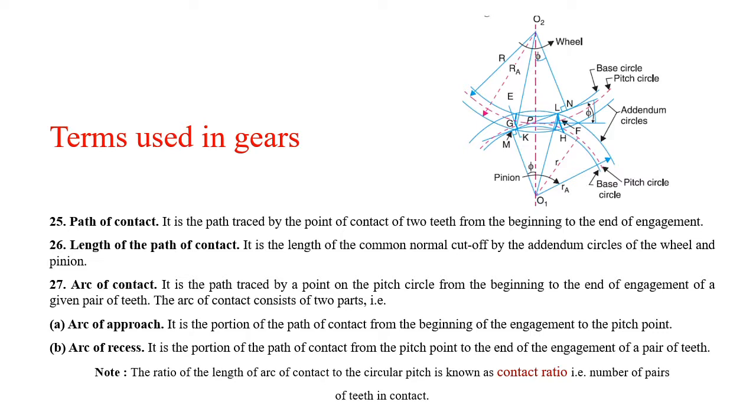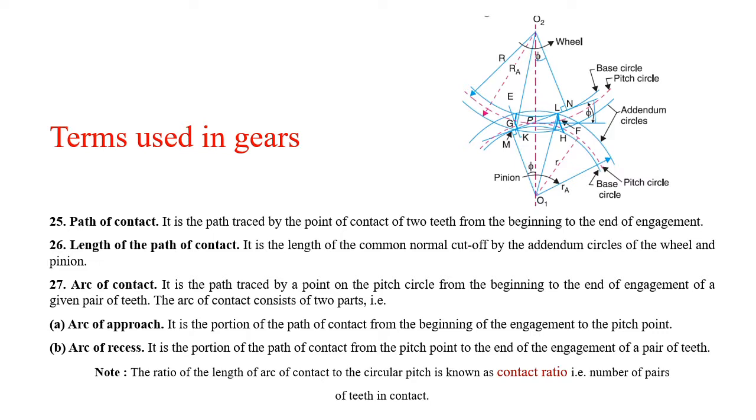Length of path of approach will be KP, length of path of recess will be PL, and total KP plus PL can be considered as length of path of contact. We are going to revise these once again in the next video in detail.